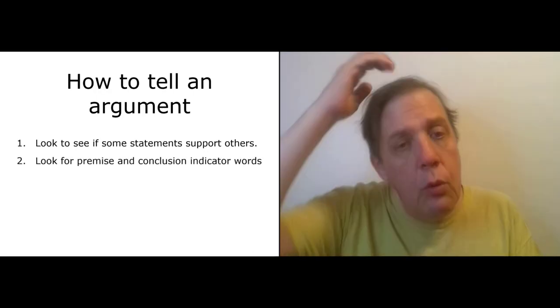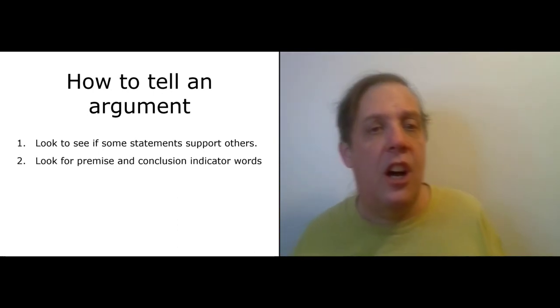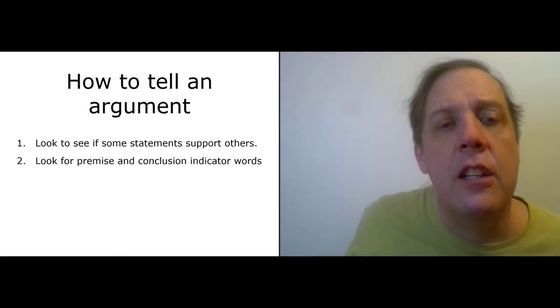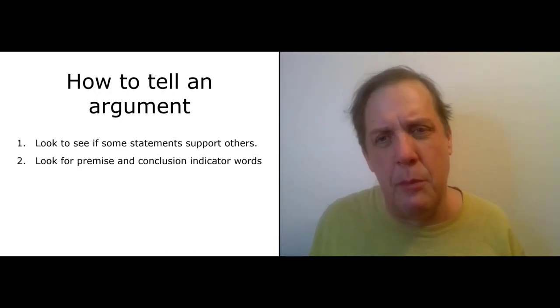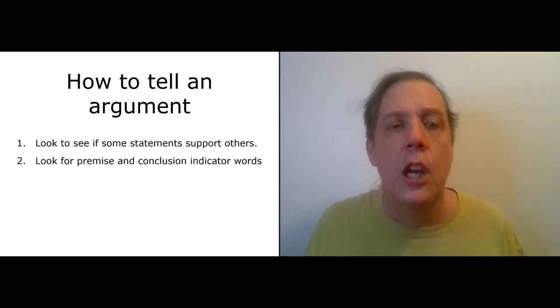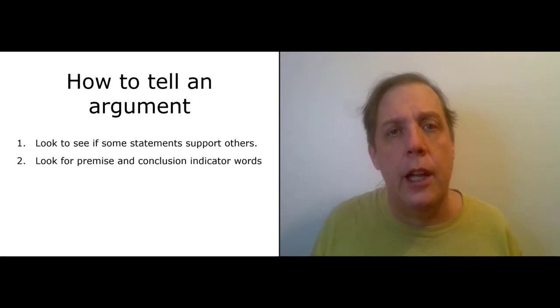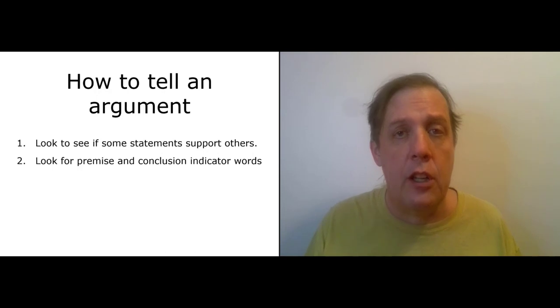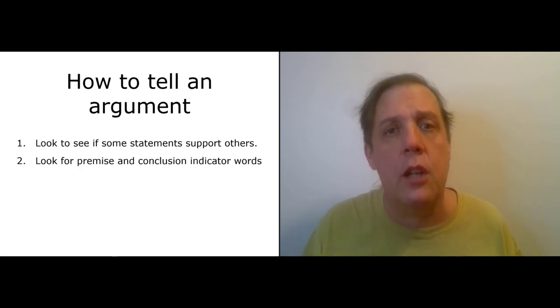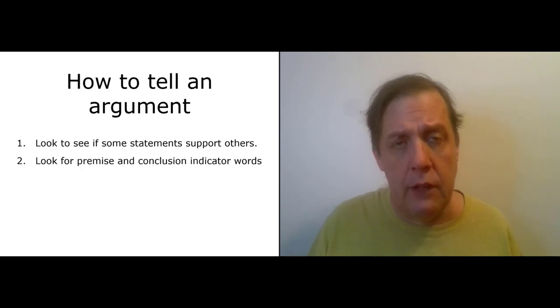Sometimes, though, there are hints. We call these premise and conclusion indicators. Sometimes they are indicator words, or sometimes they're longer phrases. But these are things we do in language to tell our audience that we are about to give an argument, either a premise or a conclusion. But we don't always use them when we're giving arguments.